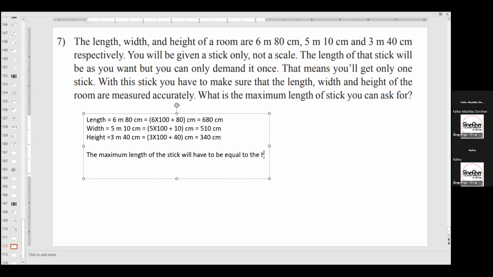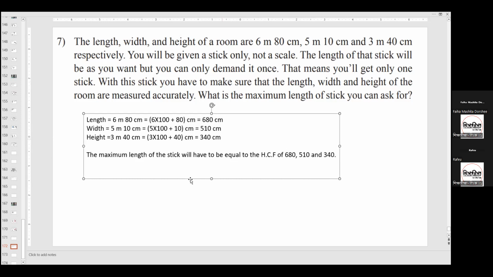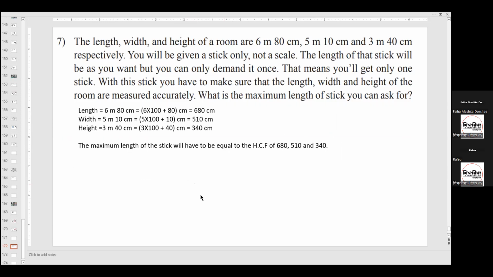Therefore, the maximum length of the stick will be the HCF of 680, 510, and 340, right? So now, do you know how to do the division method?